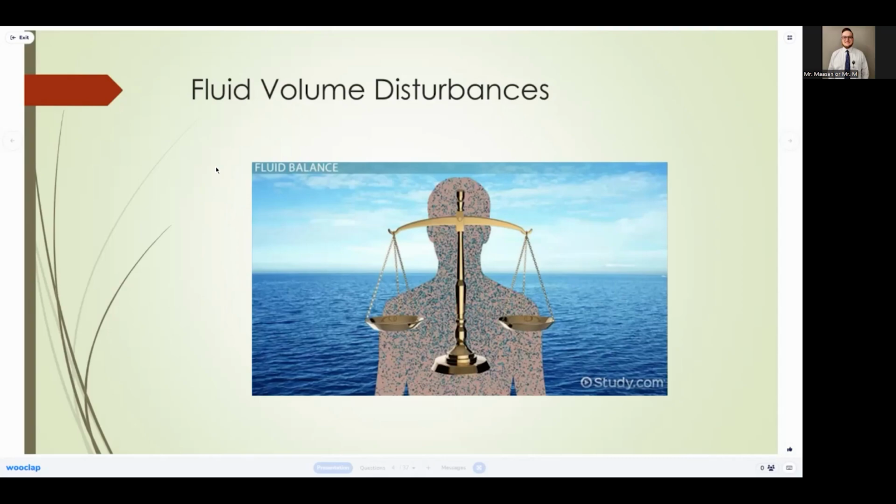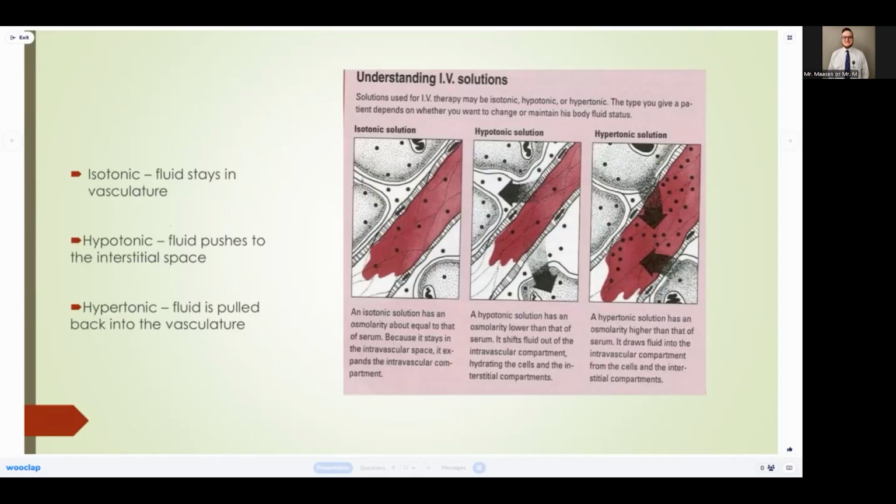So, fluid volume disturbances. Let's talk about the disease processes around fluid volume. Understanding IV solutions: hopefully you've heard some of these before.